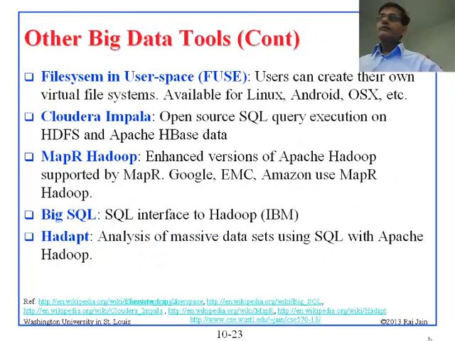Now there are tools that go without Hadoop. Actually, they ended up on this slide because either they were not Apache or they were not open source. So there's something called Fuse, file system in user space. Generally the file system stays in the kernel space.